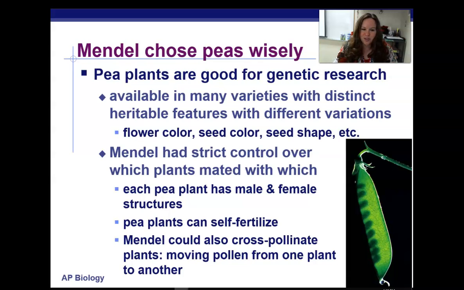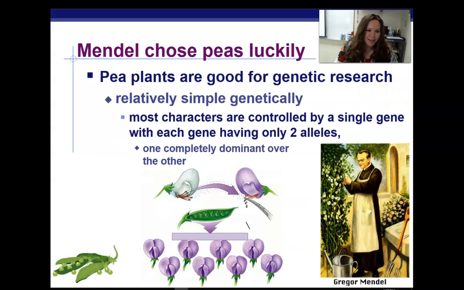And he had strict control over which plants mated with who. Remember, you can control that with how plants will get fertilized. And he took good quantitative data, did some good journaling as well, and then published his results.